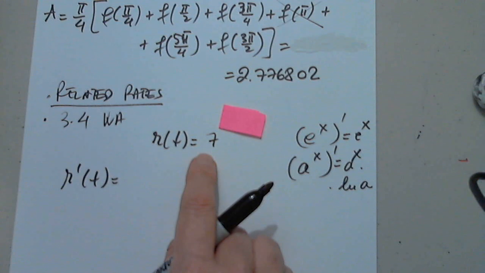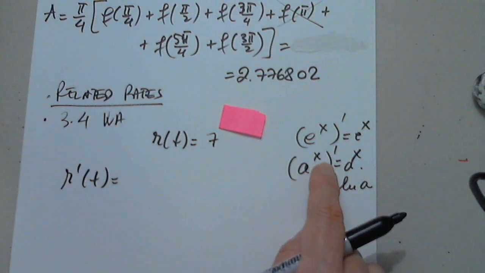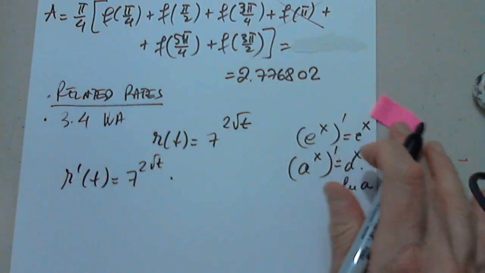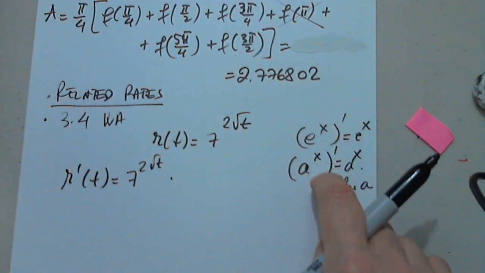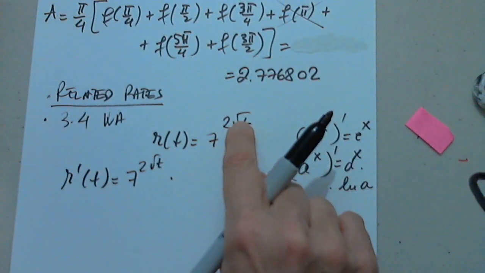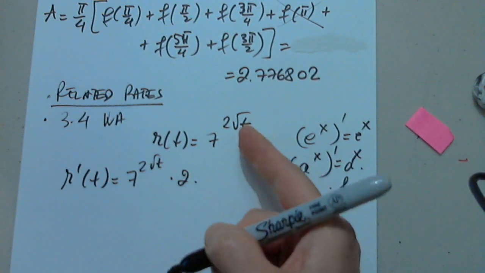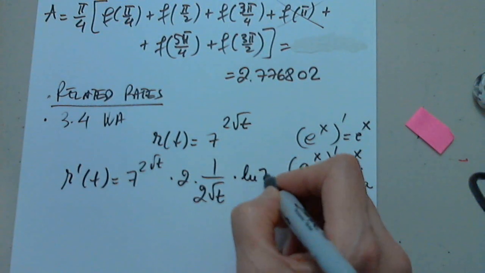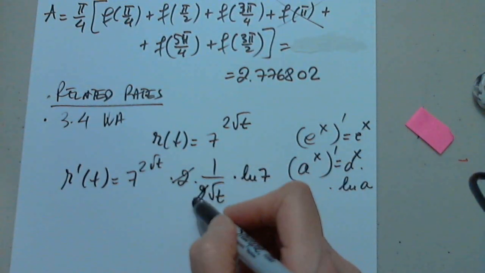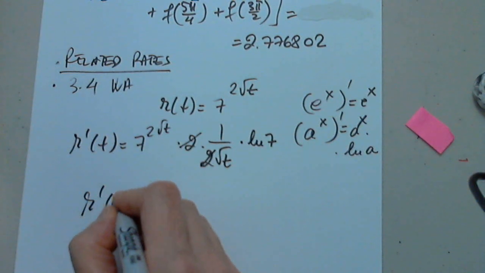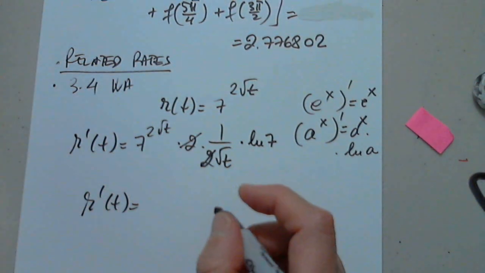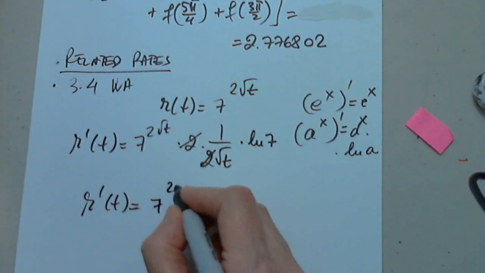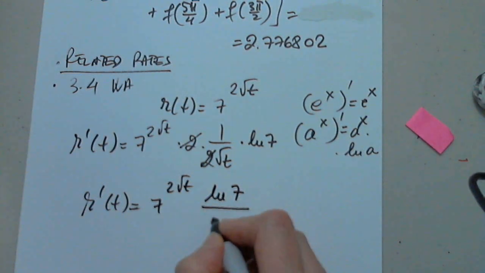Remember that I'm differentiating 7 to a function. So I have to write 7 to that function times this function prime, because if I just had x, it would be 1. This function prime, so 2, 1 over 2 the square root of t times natural log 7. I will simplify the 2 with the 2. So then I have r prime of t is, I'm thinking how to write it as easy as possible, but I don't think there is a way. Natural log 7 over the square root of t.